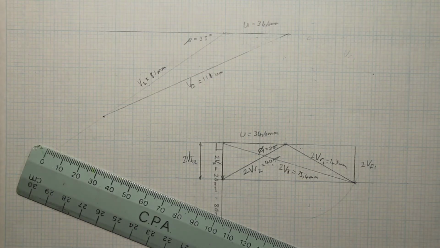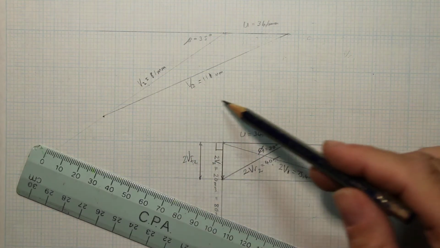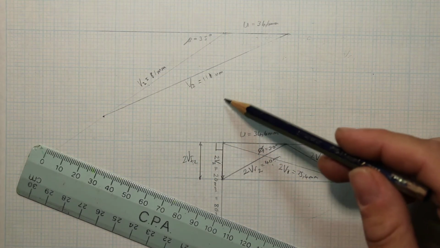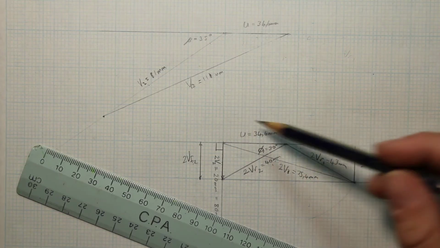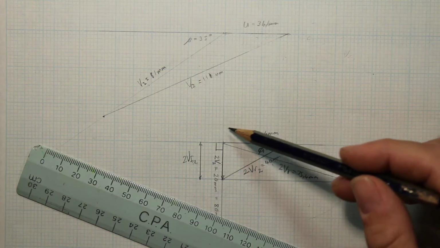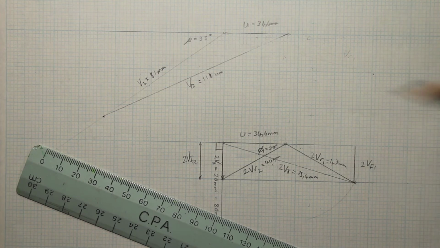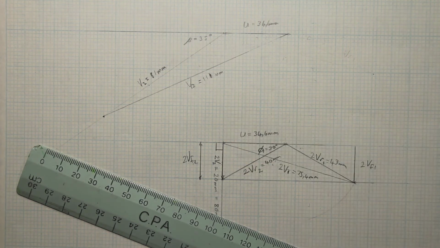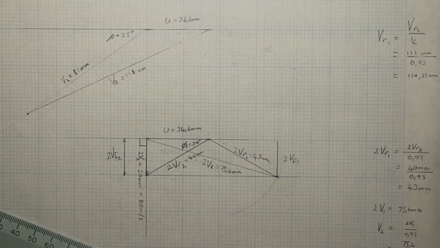The reason we know that is because as it left the first row of moving blades, it had to go through the fixed set of blades. So it moved through the fixed blades and lost some of its velocity. And we know that the coefficient is the same for the fixed blades. So K is 0.93.